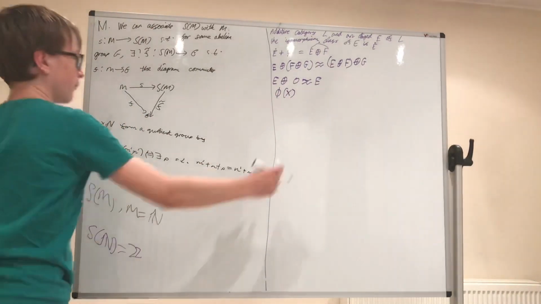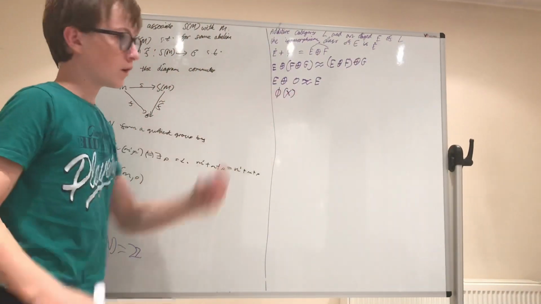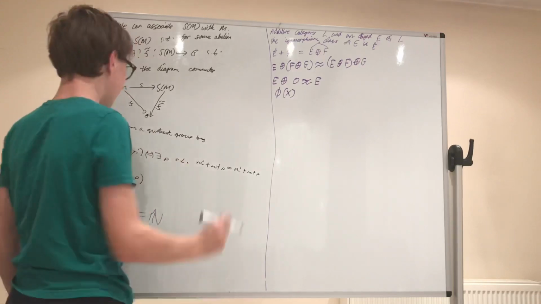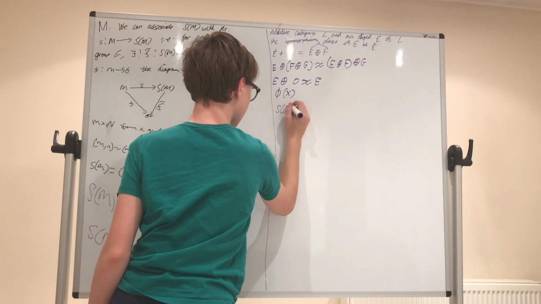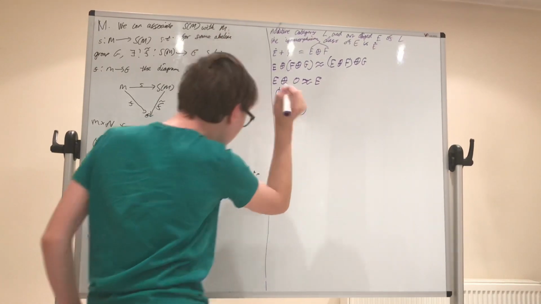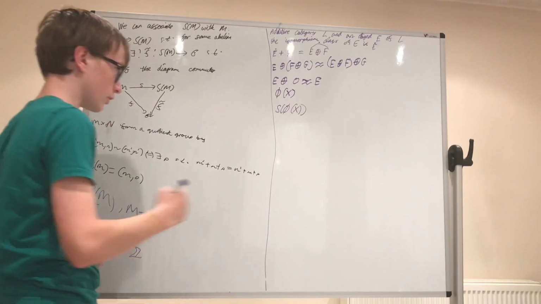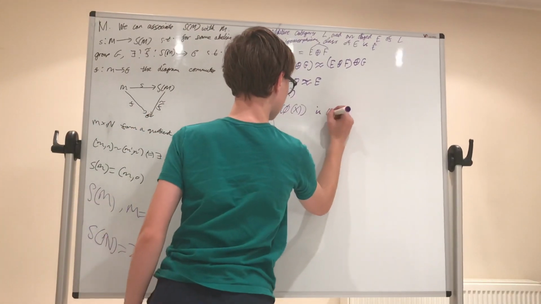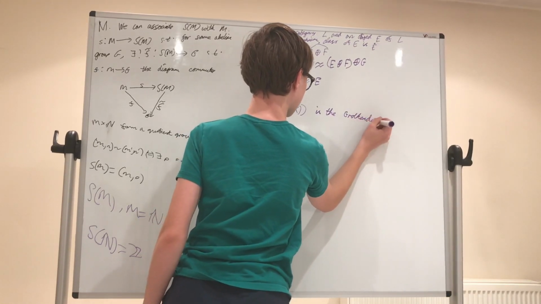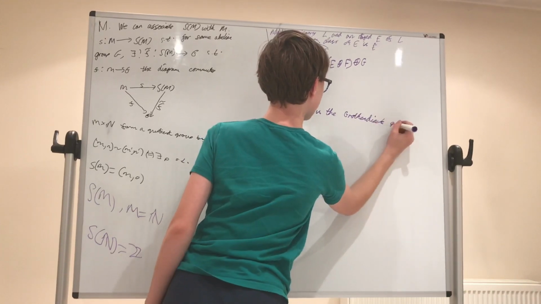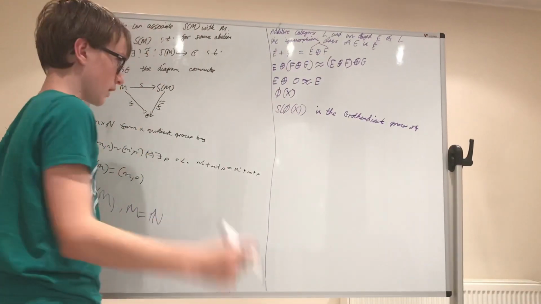Now this is a monoid with this operation here, and in this case, S of phi of x is the Grothendieck group of x.